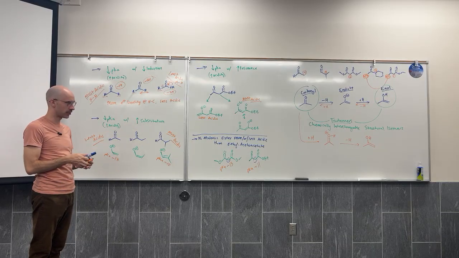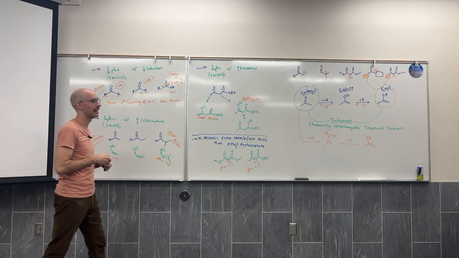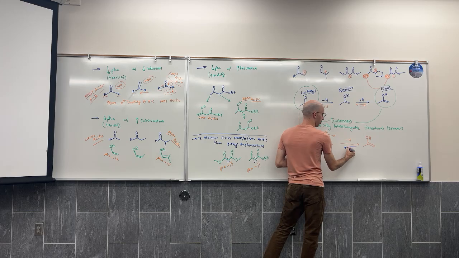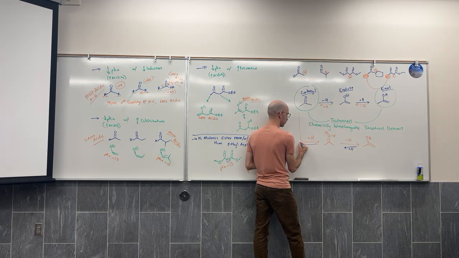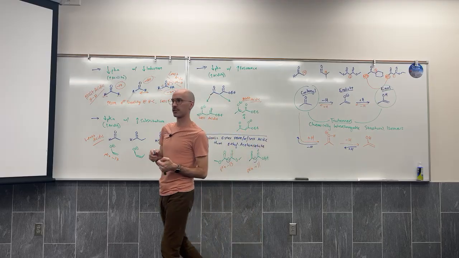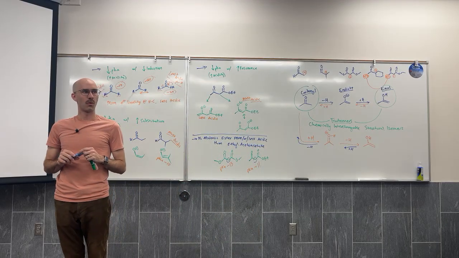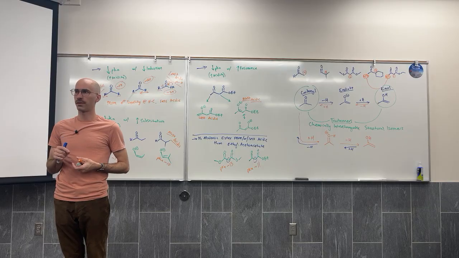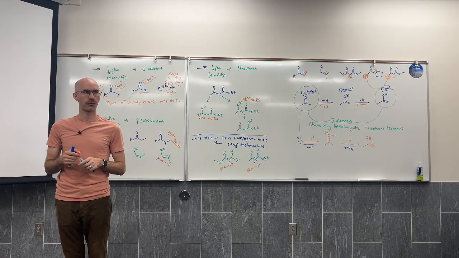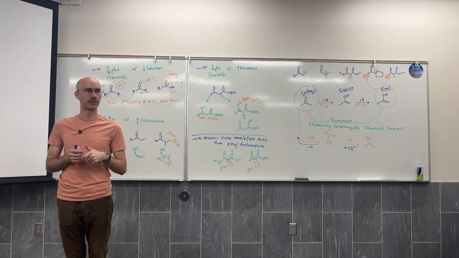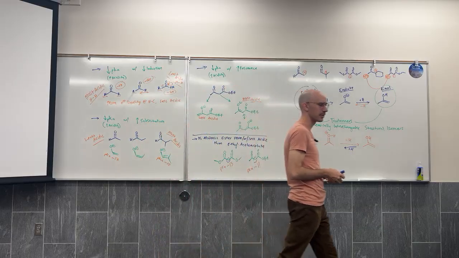Give a hydrogen to the oxygen, take an alpha hydrogen, and you have your enol. And of course, this is reversible as well. Tautomerization is equilibrium based. Which side of equilibrium do you think tautomerization prefers? Does tautomerization prefer forming enol or forming carbonyls? Does your intuition tell you anything?